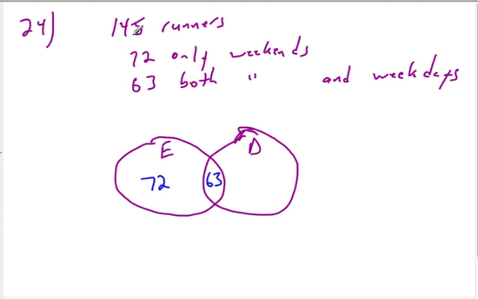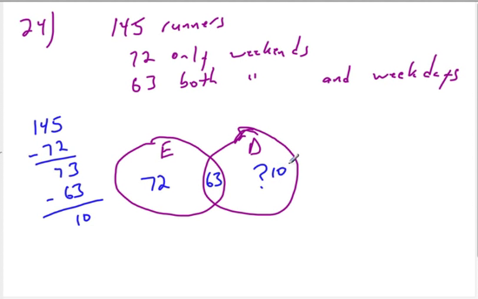And there's 145 runners total, so we need to figure out how many people run only during the weekdays. Well, if there was 145 total, and 72 of them run only on weekends, that leaves 73 left, but 63 of those run during both of these times, so 10 are left over to do just the weekdays. And so you'll notice if we add all these together, we get 145. So the answer is 10.